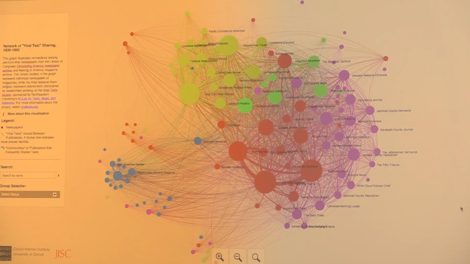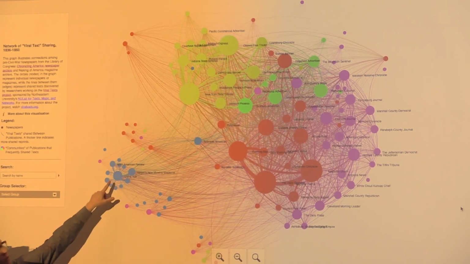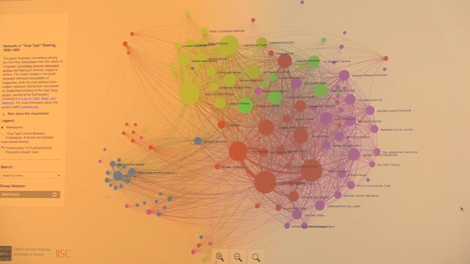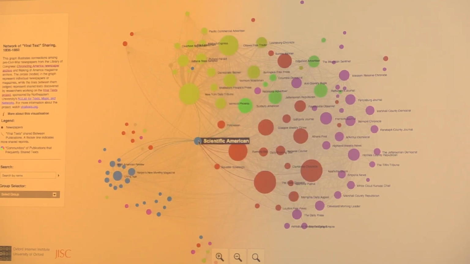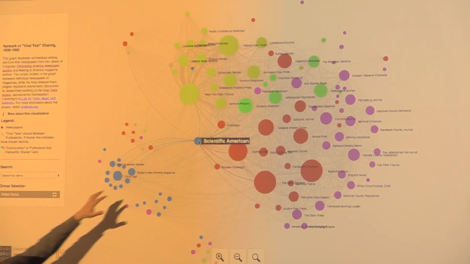But some of what you're getting here, these are all of the magazines that we've started to incorporate into the study. It's perhaps no surprise that the magazines are mostly sharing with each other. The one really interesting magazine is Scientific American.